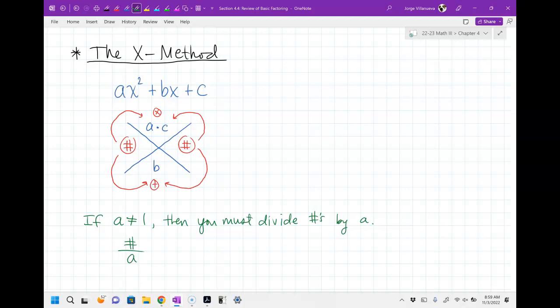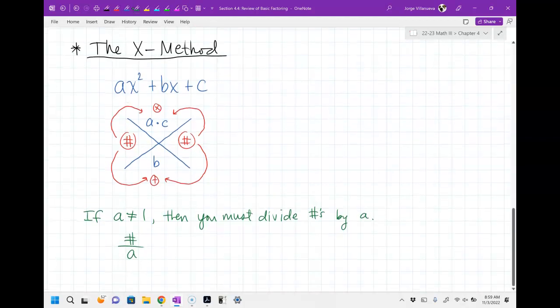So we're going to do a little bit of that. Since this is a review of a lot of factors, there's a lot of little things that can happen, so I have to show you what happens if this is true, what happens if that's true. So this is the X method. You multiply a times c, you put it on top, you get your b value, you put it on the bottom.